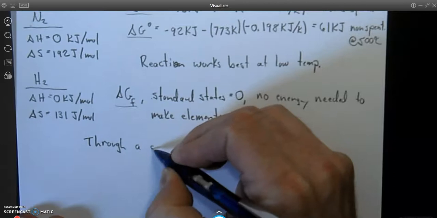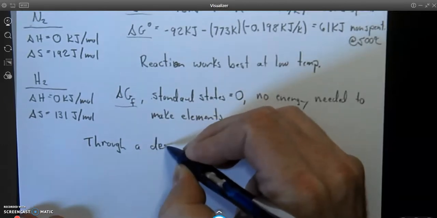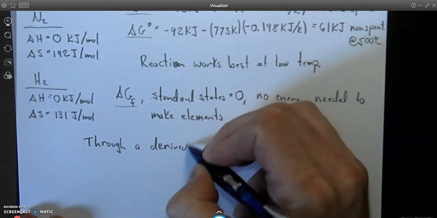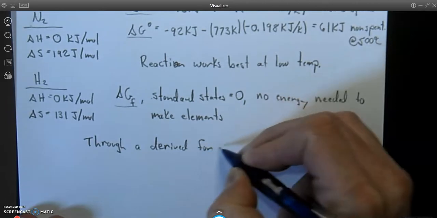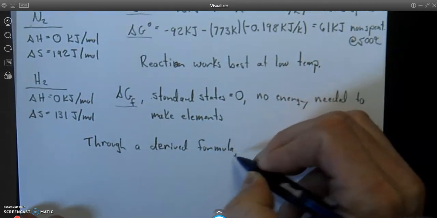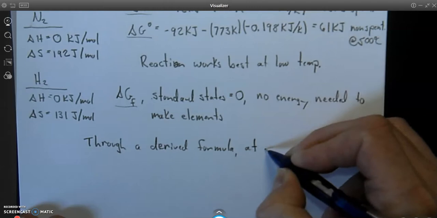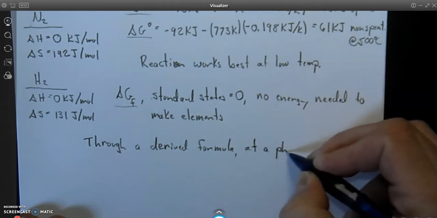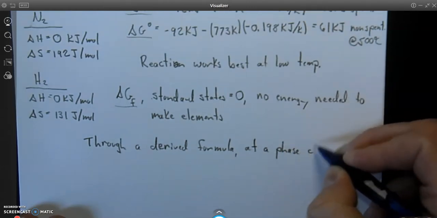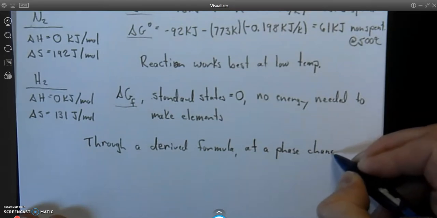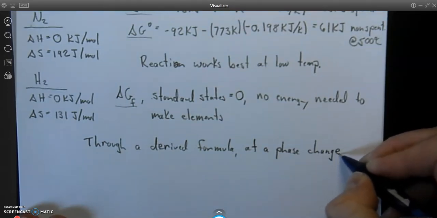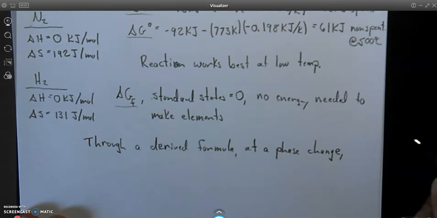Through a derived formula, add a phase change, which of course is reversible, right?